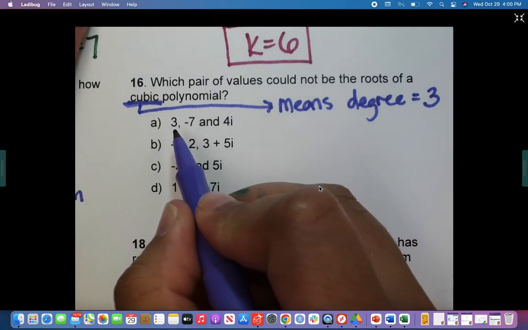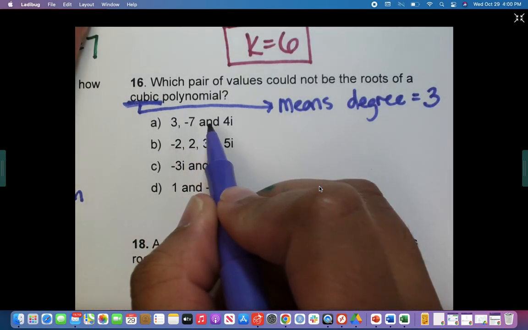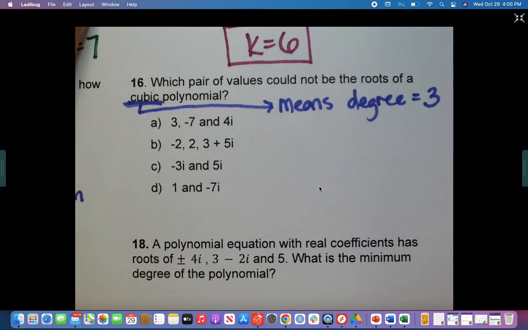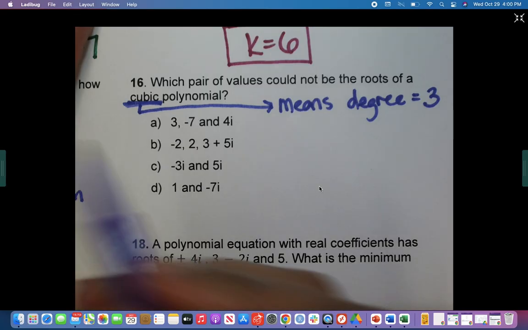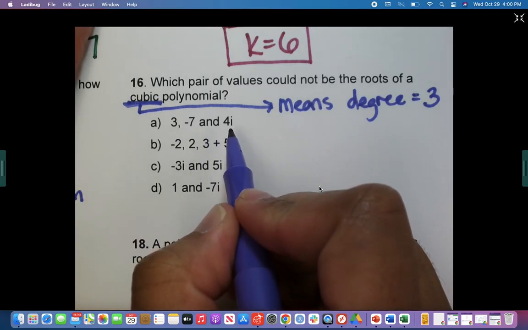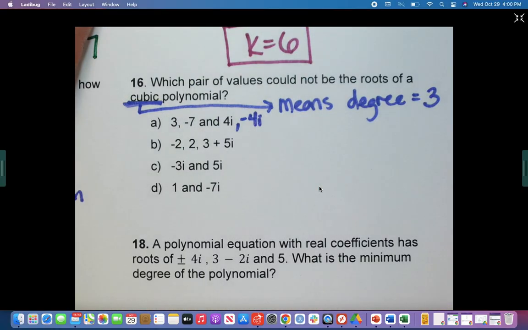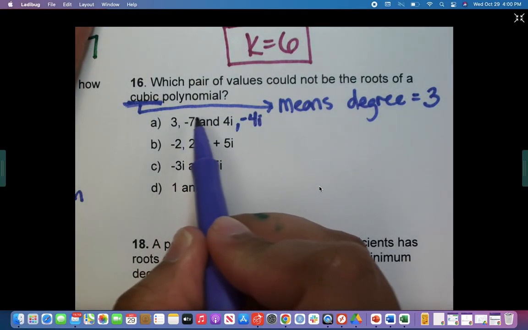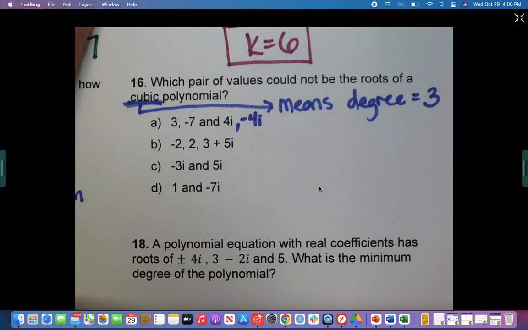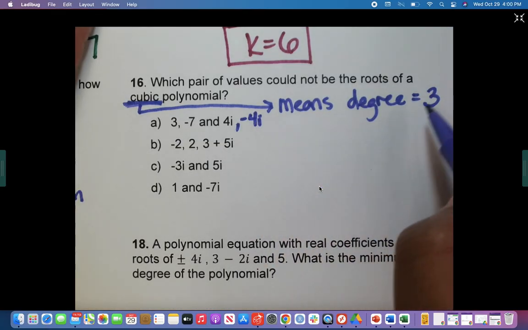So for this one, we've got 3, -7, and 4i. Remember, if you've got i in your solution, they come in pairs, so it's got a conjugate. So 4i would be a root, -4i would also be a root. So this one actually has 1, 2, 3, 4 solutions. So that means the degree would be 4, not 3.